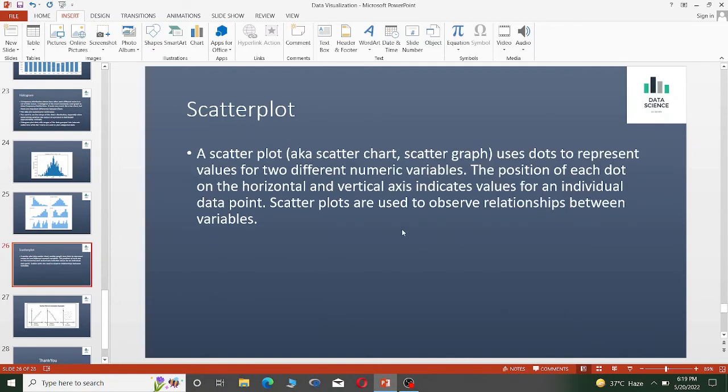A scatter plot, also known as a scatter chart or scatter graph, uses dots to represent values for two different numeric variables. The position of each dot on the horizontal and vertical axis indicates values for an individual data point. Scatter plots are used to observe relationships between variables, basically between two quant variables.